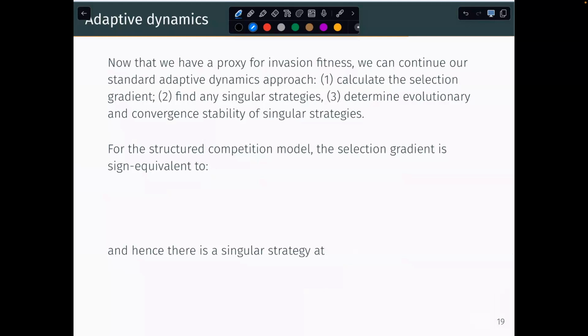Remember that we start off by finding our ecological dynamics. We then find our invasion fitness, and that invasion fitness is this whole next generation step. We still need to do the rest of our adaptive dynamics analysis: calculate our selection gradient, find any singular strategies, and then determine the evolutionary convergence stability of those singular strategies.